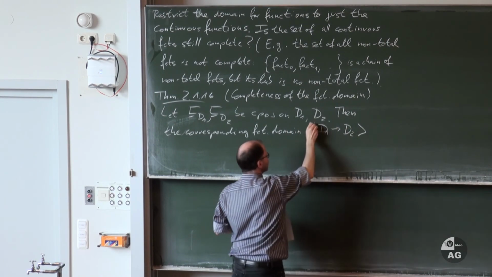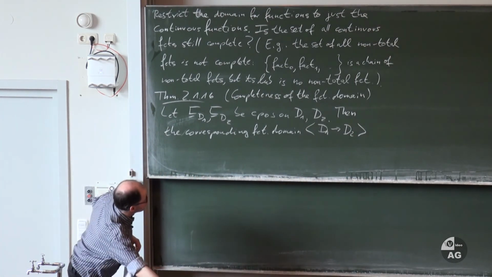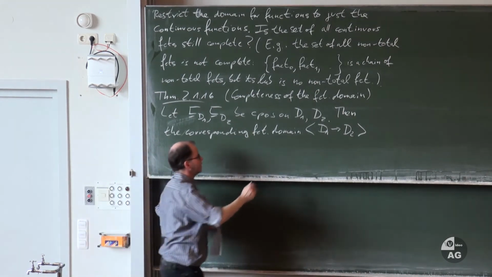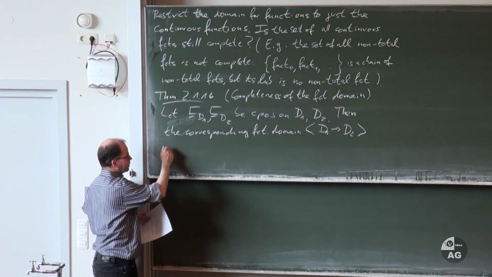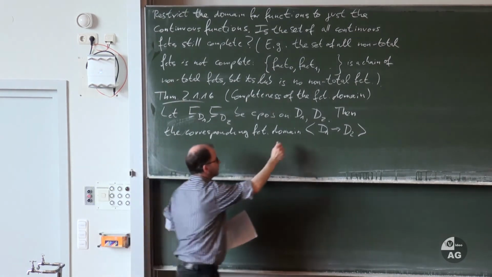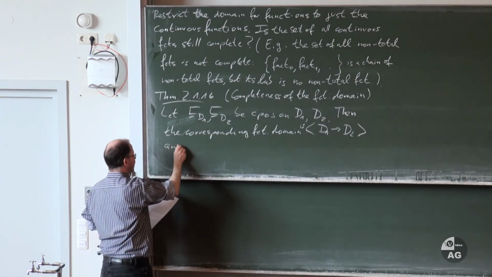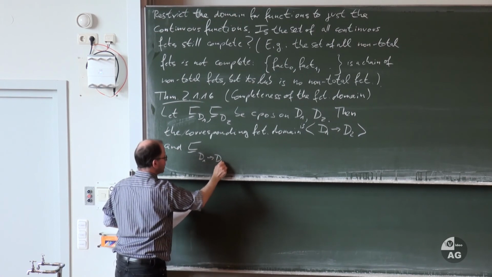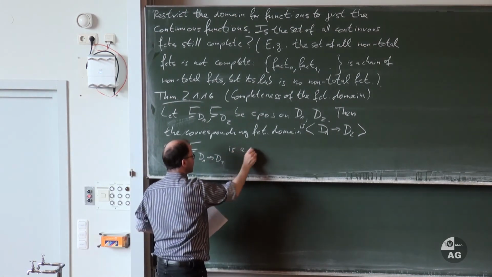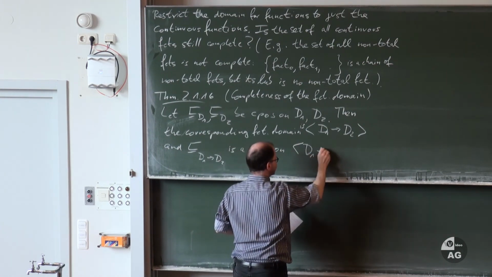So these angle brackets denote the set of continuous functions from D1 to D2. The corresponding function domain is this. And if I compare functions by their definedness, then this is a complete partial order on the set of continuous functions.